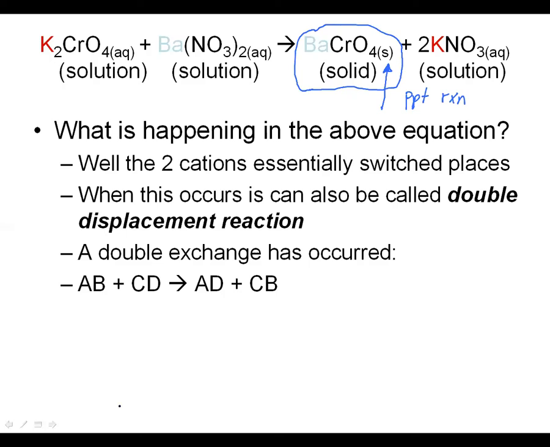And this is also what is referred to as a double displacement reaction. So if you remember, the redox reactions was sort of a big umbrella. The double displacement reaction is also a big umbrella under which other types of reactions can fall.